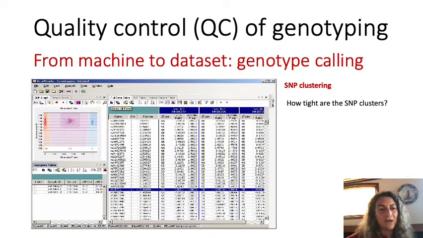The table on the right shows the raw values that this plot is made from. The plot shows a tight clustering of genotypes, and there is not much noise in the measurement of this SNP.